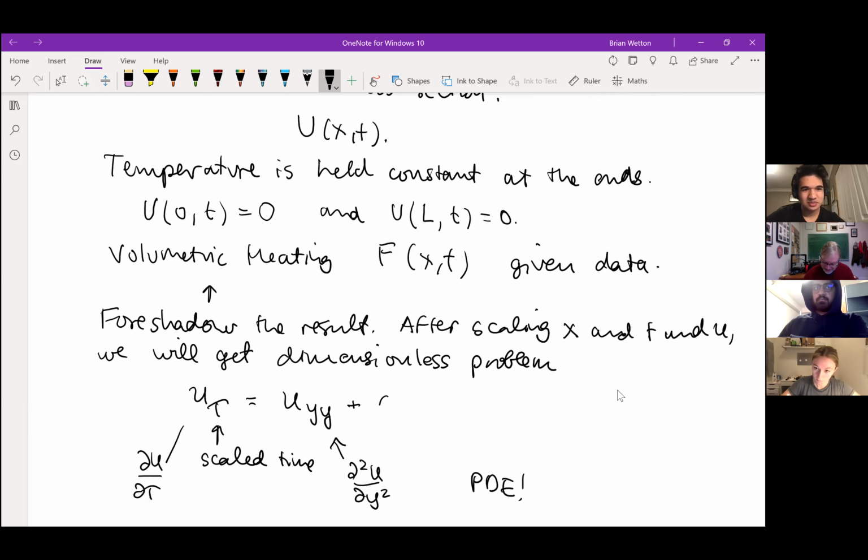There's going to be a scaled term here for the external heating, and I hope it's clear. I've got big U's for the dimensional variables and little lowercase letters for the scaled variables.